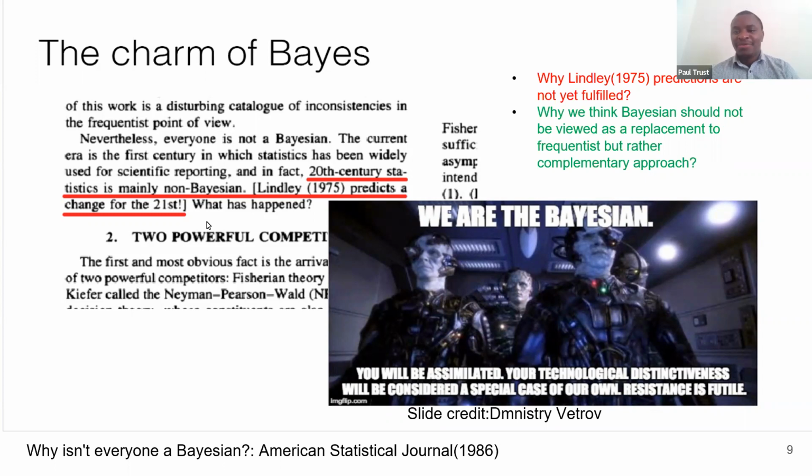As some of you may not know the difference, I will come down there to explain the difference between frequentist and Bayesian. But he actually predicted that in the 20th century, everyone would be Bayesian. But we are in the 21st and not everyone is Bayesian. And he's explaining why isn't everyone Bayesian.